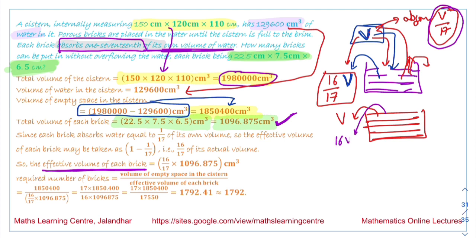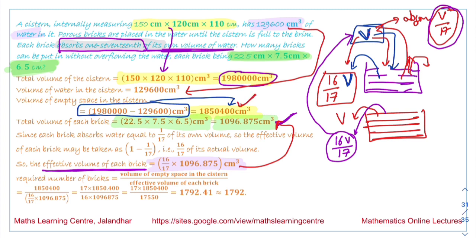It is 16V/17. So we are saying this is the effective volume of each brick. So the effective volume of each brick, when we calculate, it is 16/17 times the actual volume of the brick.